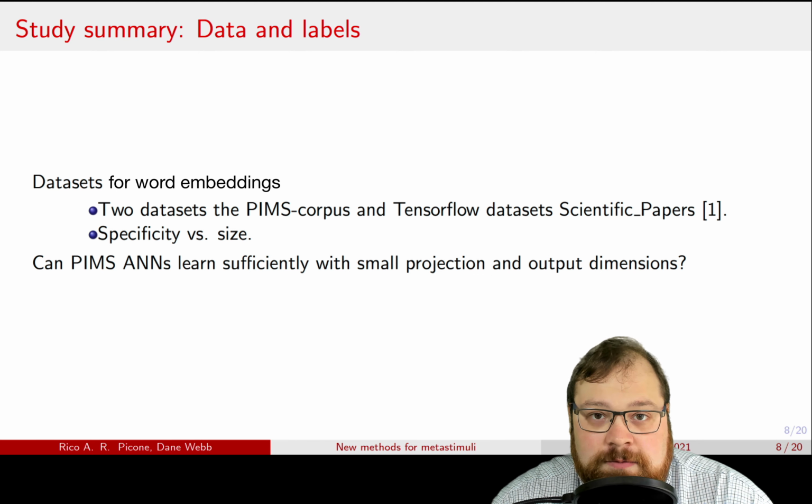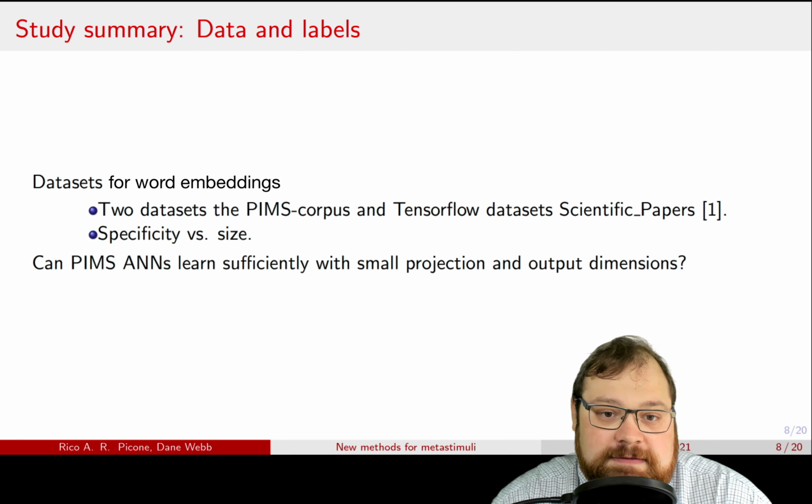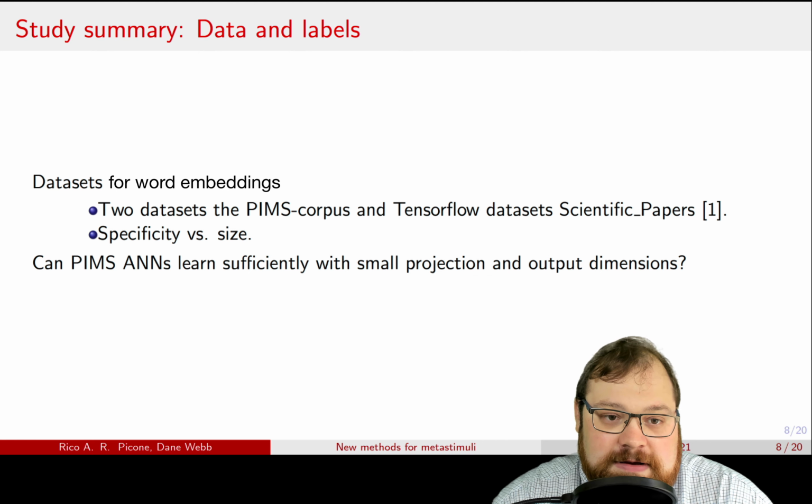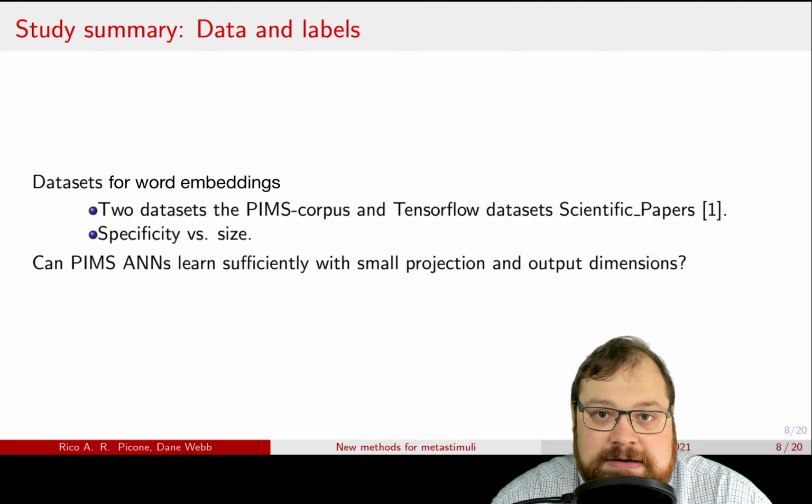We wanted to compare this with an available data set with a large amount of data, because the concern was most PIMS or users' data sets are going to be fairly small relative to the large machine learning data sets already out there. So we want to compare if specificity of a PIMS data set would make up for the small size of that data set, or would it be preferable to have just a large amount of data to create that word embedding.